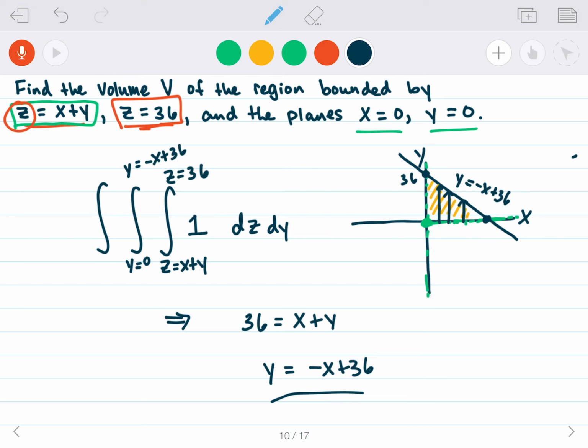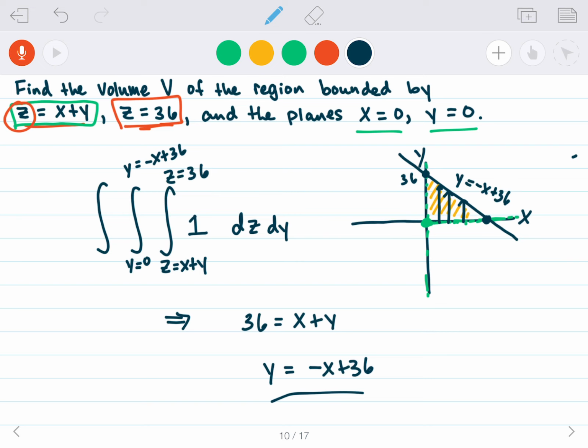And then for my last bound, I can write that in terms of the constants. I don't have to write it in terms of a function. It's something called Fubini's theorem. We're not going to talk about it in this class, but just know that your last bound can be constants. It doesn't have to be a function, at least with the examples that we're going to be doing. So what's my leftmost x value?